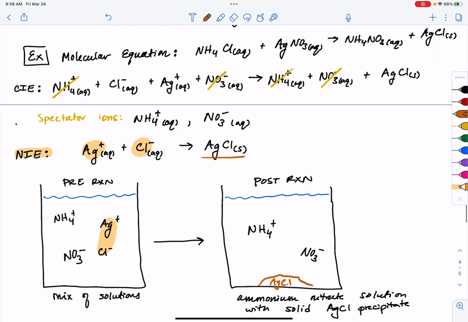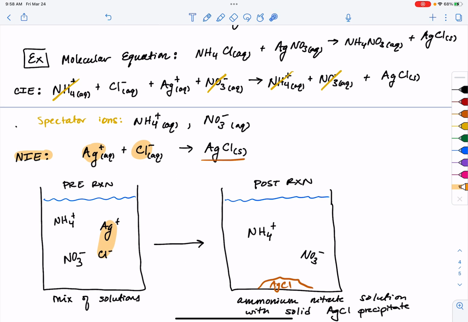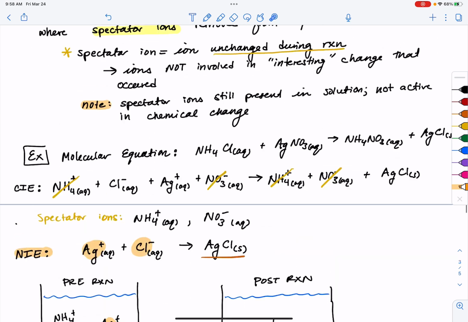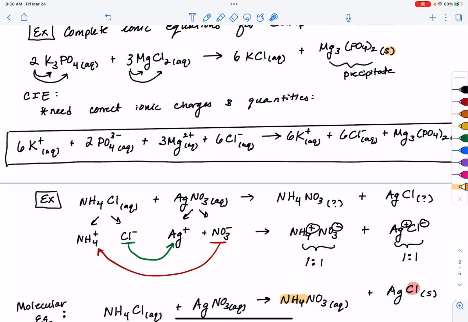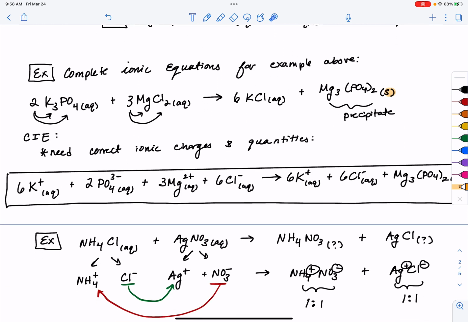So as long as you are able to get your complete ionic equation and cancel out any spectator ions, or ions that remain in solution unchanged as a result of your chemical reaction, then you'll always be able to get your net ionic equation. Just make sure that for reactions that are not all one-to-one, like this one, like perhaps our reaction where we looked at potassium phosphate and magnesium chloride, that when you look at these, you're ensuring that you've got your correct proportions of everything out in front.